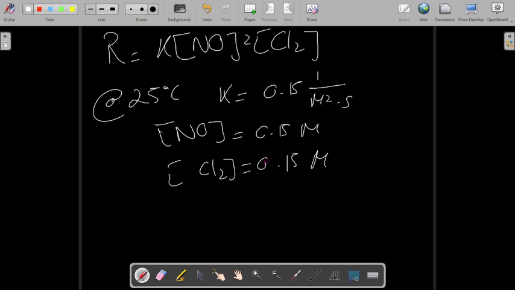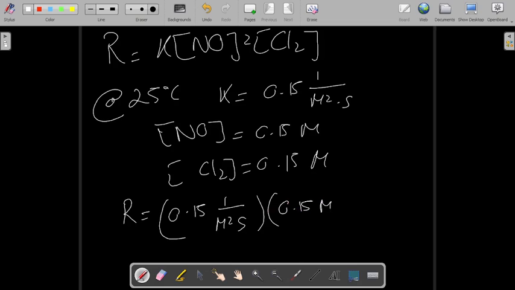For this section, the only thing we need to do is plug everything in. So the rate is the constant at that temperature, 0.15. Remember that each one of those constants have different units, so be careful with those units. Multiplying the concentration of NO to the second power, so 0.15 molarity to the 2, and the concentration of chloride to the first power, so 0.15 molarity.